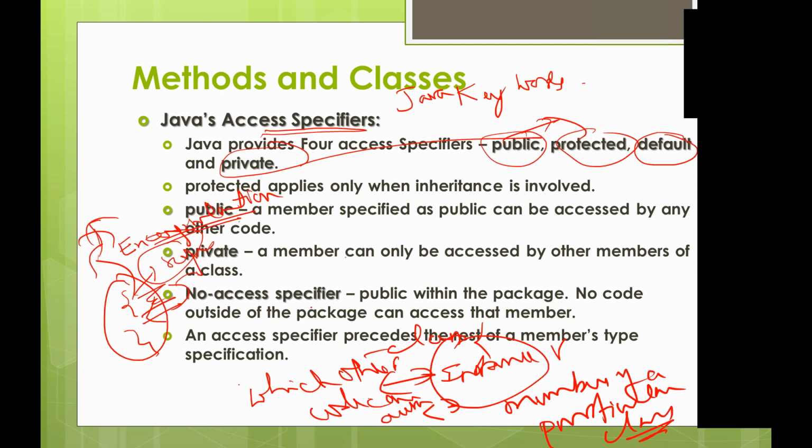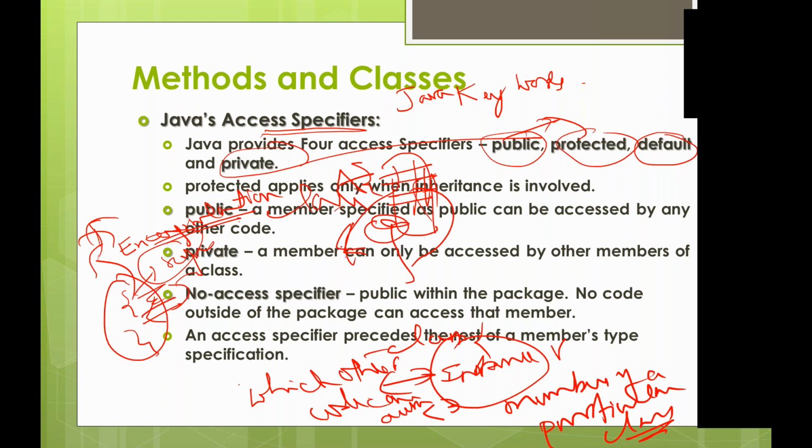Whatever you specify inside a class, that is the code of that particular class. By default, whatever you specify, instance variables, all those things, they will be accessible to the code within this particular class.